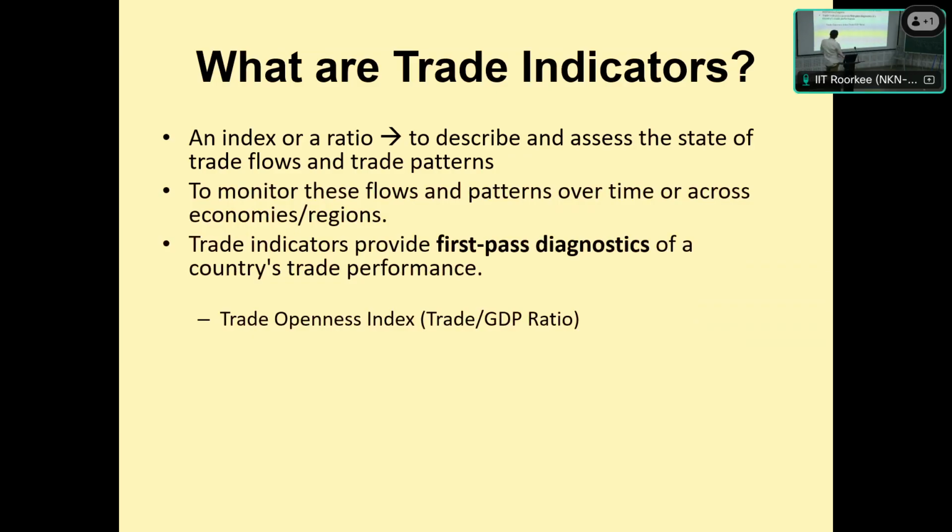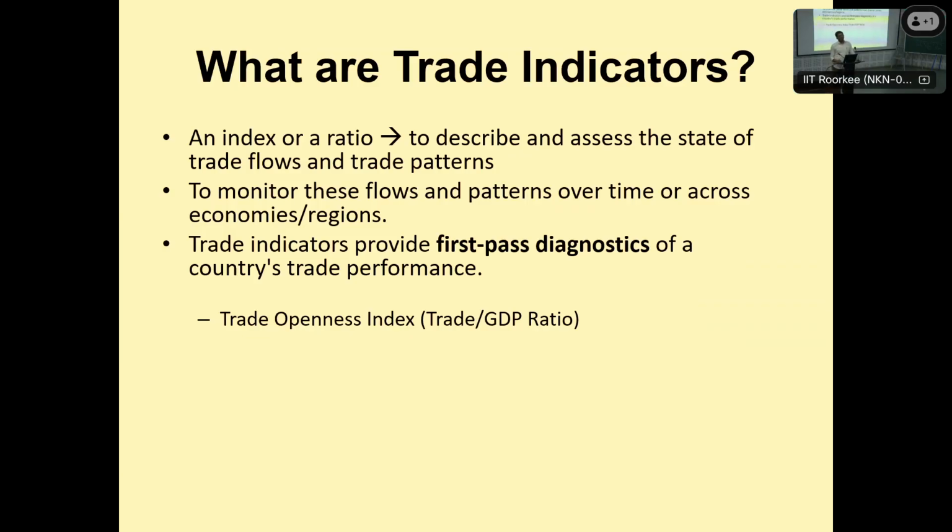The first one to mention, which people largely use while deriving results for the international context, is called trade openness. Okay, so trade openness means the total trade divided by total GDP as a ratio.